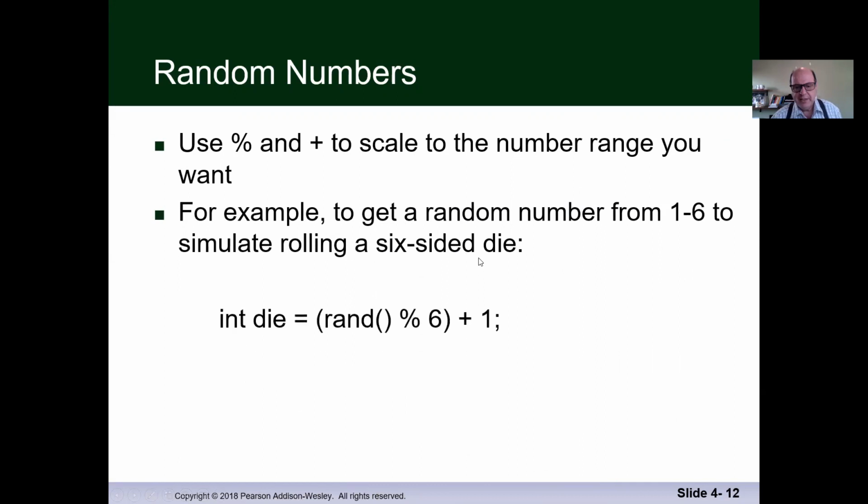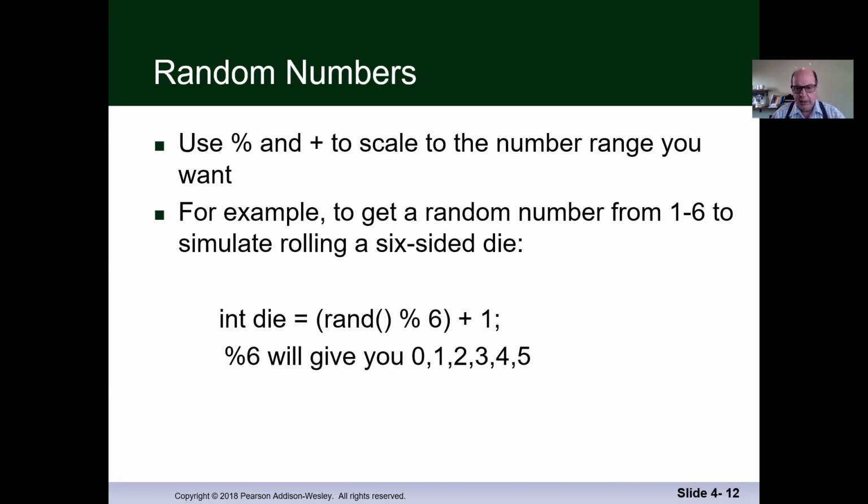So if I want to get a 6-sided die, I am going to do rand() % 6. Remember, % 6 is going to give me 0, 1, 2, 3, 4, 5. Those are the numbers that I can get with % 6. If I take any number and divide it by 6 and collect the remainder, the only remainders that I can have are 0, 1, 2, 3, 4, 5.